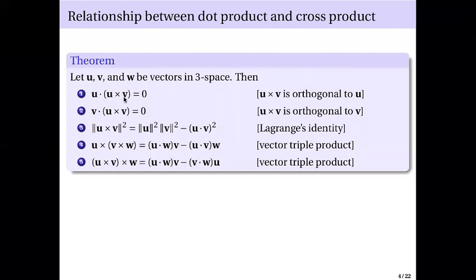U cross V is a vector, so you can do the dot product.